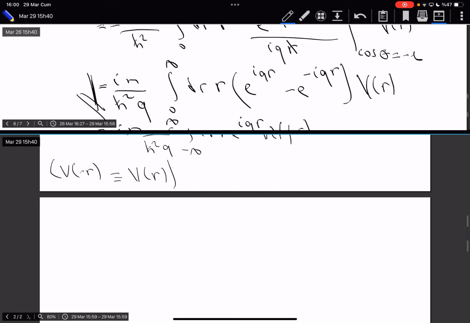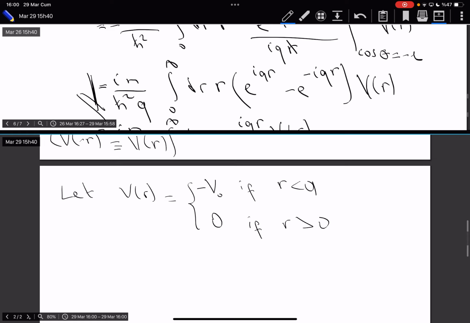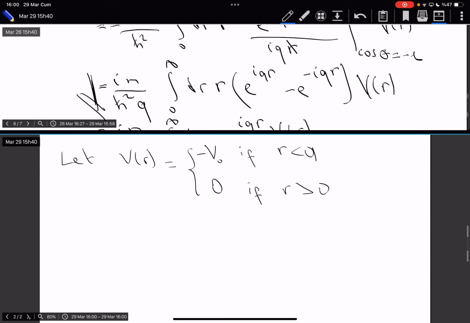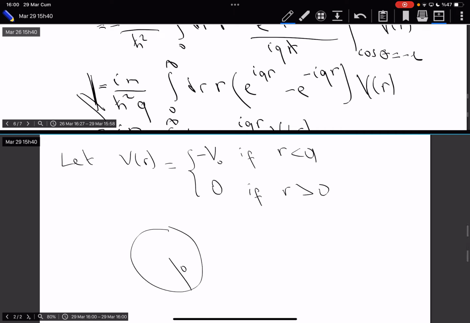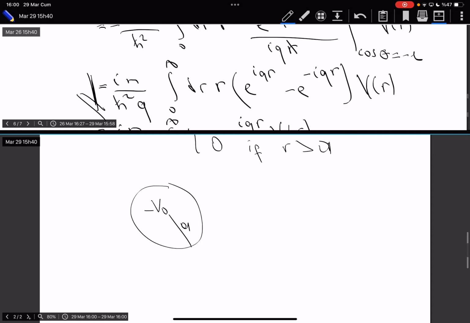Now let's look at the particular case. Well, this is basically a potential well, a spherical potential well. So within this sphere of radius a, the potential is minus V0.